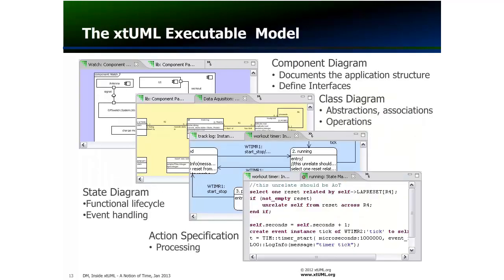As was shown in earlier episodes, the xtUML executable model starts with a component diagram which describes the partitioning of the application and the interfaces that exchange messages between components. To describe the activities within a component involves 3 layers of detail. At the outer layer, a class diagram which shows data members of each class, operations to be performed on the data members, and associations between the classes.